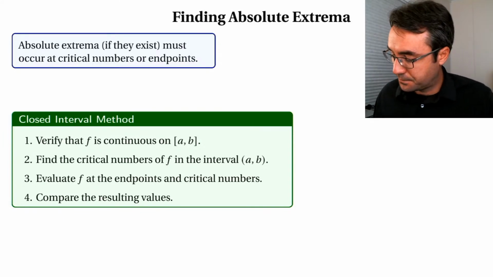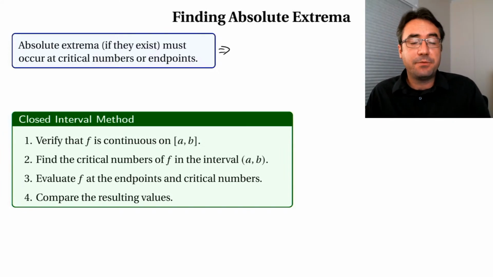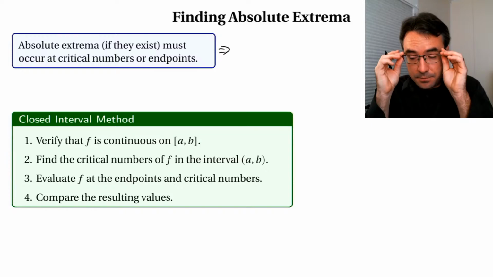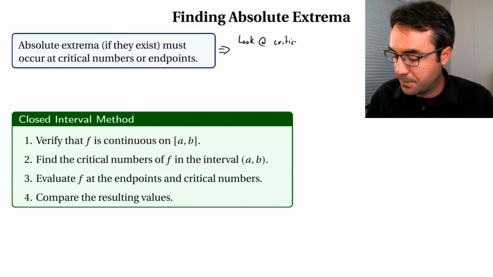So this really tells us if we want to figure out where our function has an absolute max or an absolute min, and we're looking on a closed interval, we want to look at the critical numbers. So where does f prime equal 0? Where does f prime not exist?